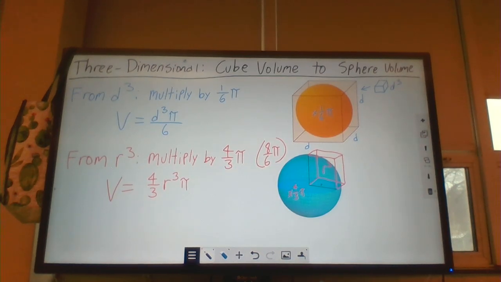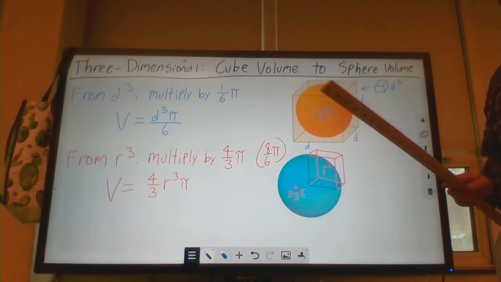And finally, let's take it into the third dimension with sphere volume. We're going to start with finding a cube volume. Once again, we can start with a diameter cube, or we can start with a radius cube. Now, if we're starting with the diameter cube, which can encompass the entire sphere, the constant proportionality is 1/6 of pi.